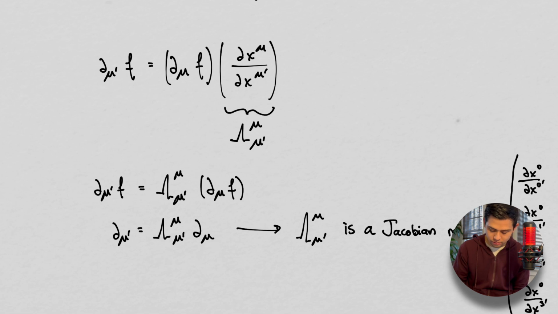So to write this out a little bit more, it's going to be df dx mu, dx mu dx mu prime. So those give us the derivative of the function with respect to the new coordinate basis.